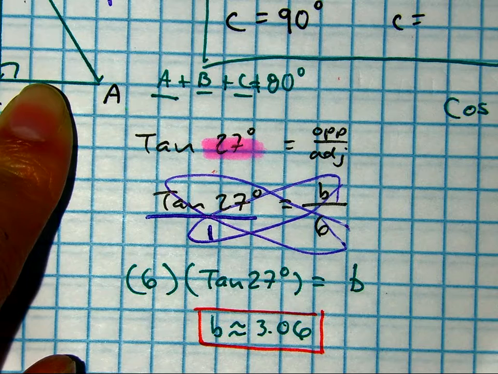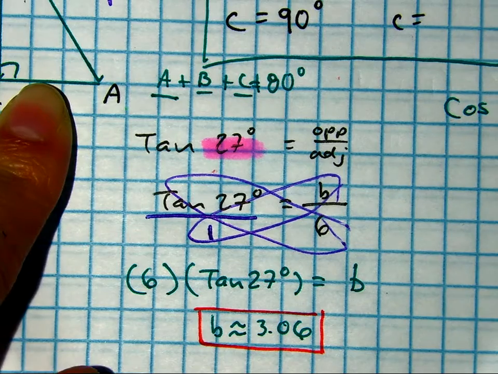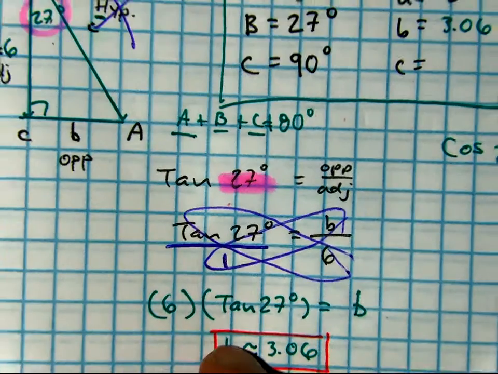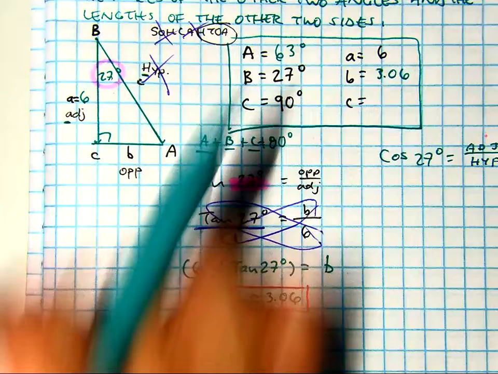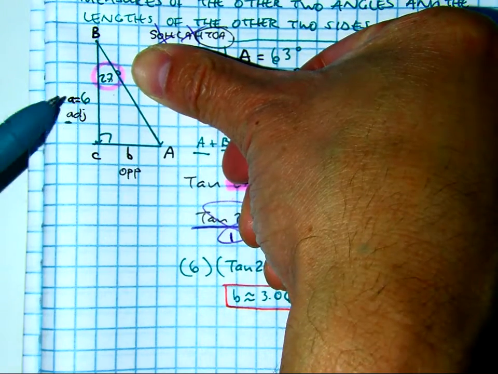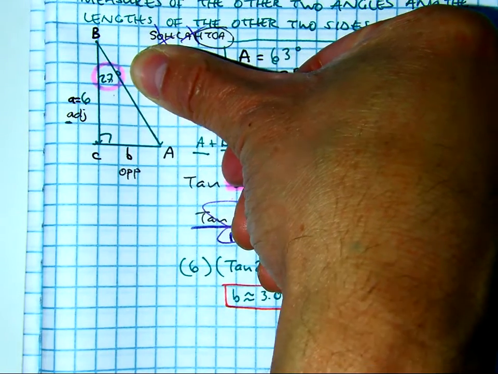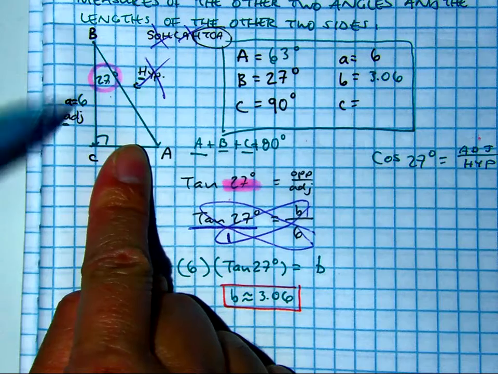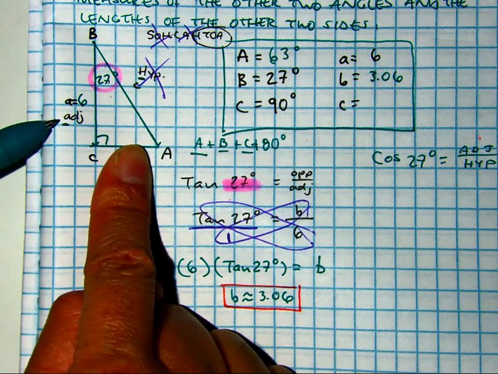So if you get confused, do this. In your triangle, in the beginning problem, just cover up something. I have a number, I have a variable, I can use a trig function. This is the adjacent over the hypotenuse. Adjacent is 6. And hypotenuse is letter C.